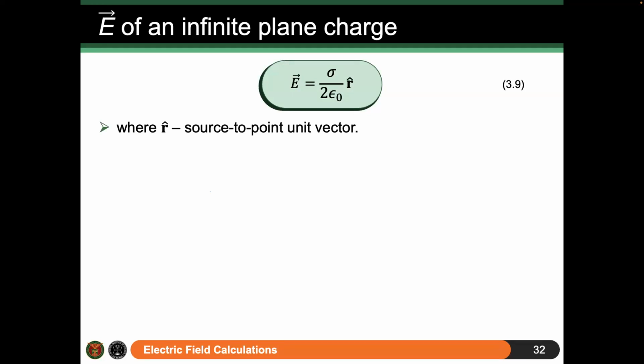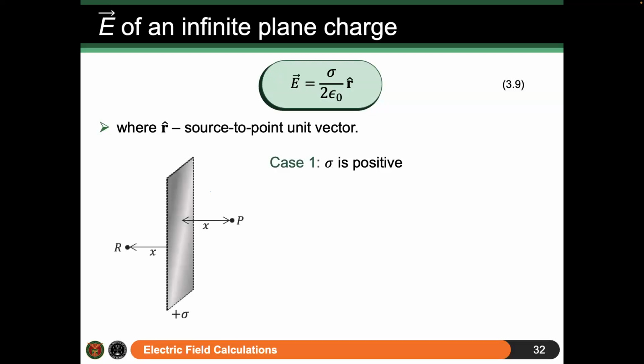And there are again two cases. Earlier, for the infinite line, it could be positive lambda or negative lambda. It's the same for the plane: it can be positive sigma or negative sigma.